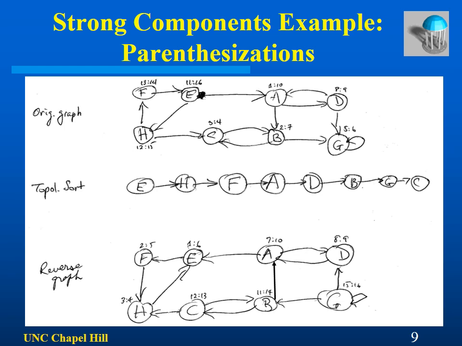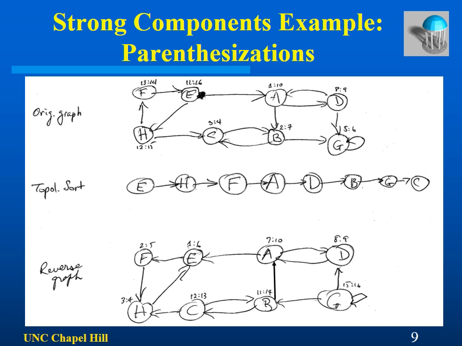In our example, we see that in the reverse graph, there's a parenthesization of H, 3 to 4, within F, which is 2 to 5, within E, which is 1 to 6.